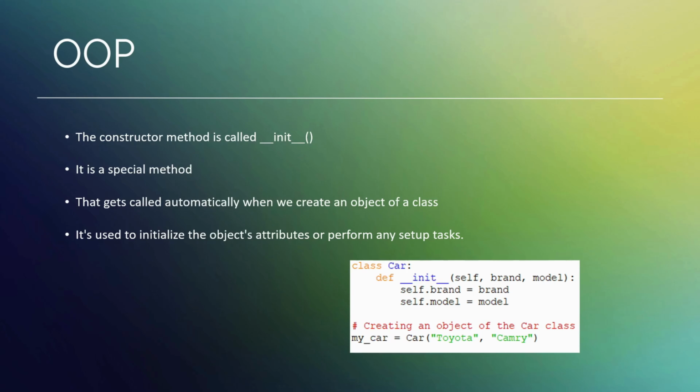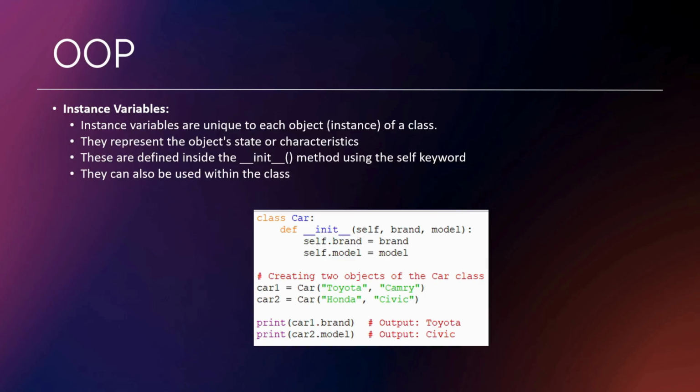So instead of first creating an object and then giving it a color, which is not very feasible, we define this methodology of giving a color to the car in the constructor method. So whenever we create an object of the class car, we will have to assign a color to that object, because again, it's simply not possible for us to have a car without any color. We will look into this in much more detail.